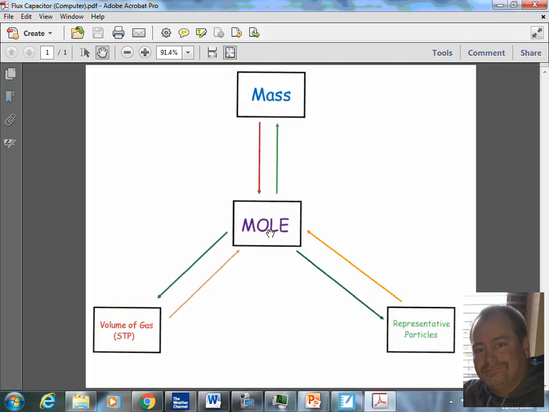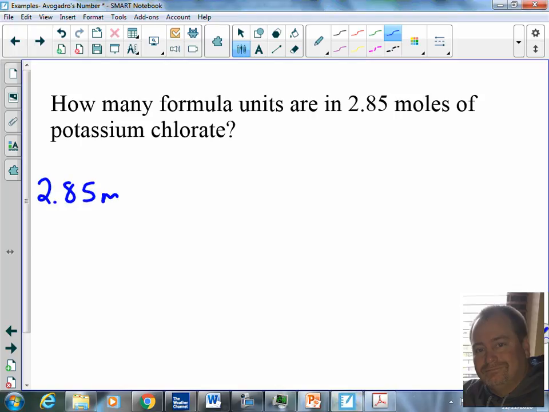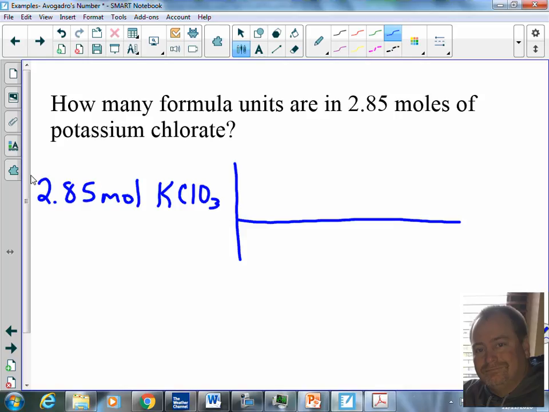So, I am right here. I am following down the green line to get to representative particles. So when I do so, I know that I come back and write 2.85 mole of potassium chlorate. I make my conversion box. What do I want to cancel?